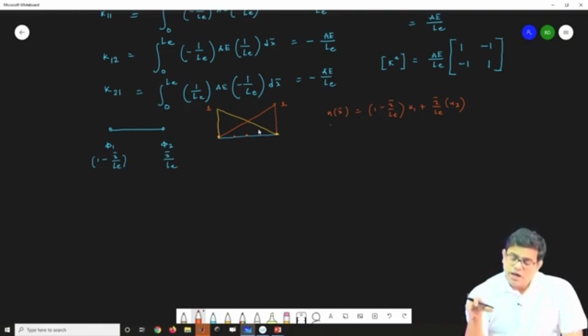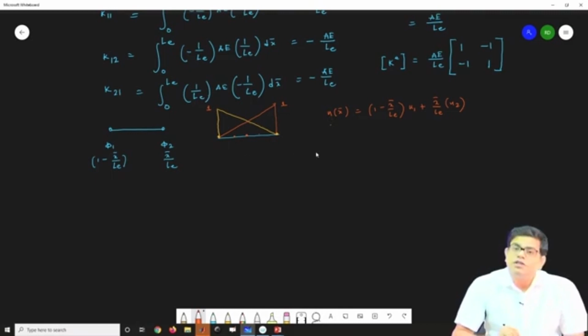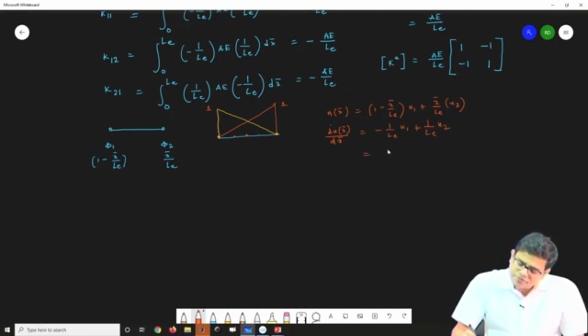So this is the main difference. But if you look carefully, the derivatives of these functions are essentially constant. If you take du by dx bar, you will see it is 1 by LE u1 plus 1 by LE u2, which is nothing but (u2 minus u1) by LE.